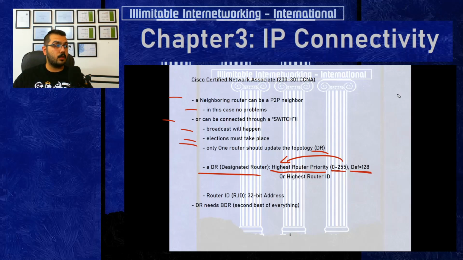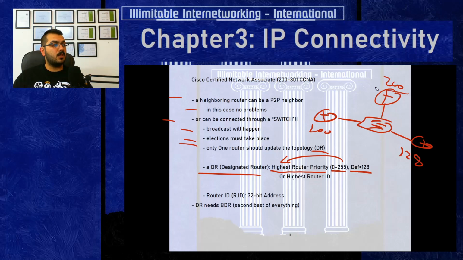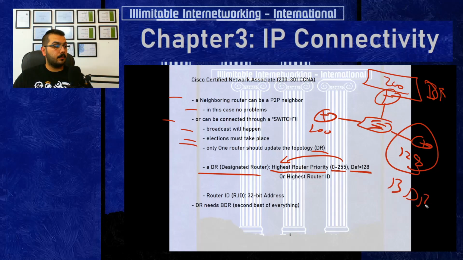Okay, so just in case you have 3 routers connected in the broadcast topology, this one has the priority of 200, this one has the priority of 100, and this one at the default of 128. This one will be the DR, and the second best one is this, will be the backup DR. What will this third one be called?